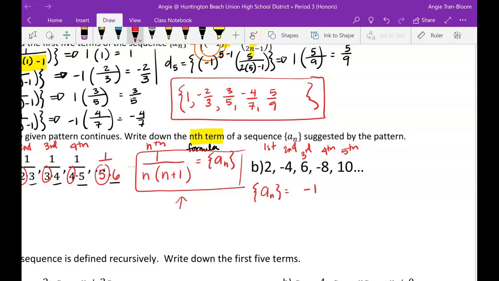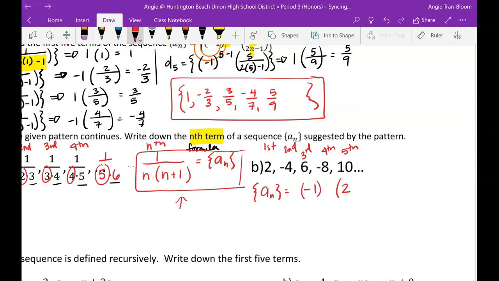The first one, I have to get a positive 2 somehow. I would have to come up with a multiplication of some sort, and I would have a 2 in there somehow. Well, to get a positive number, would you agree, the exponent must be even.